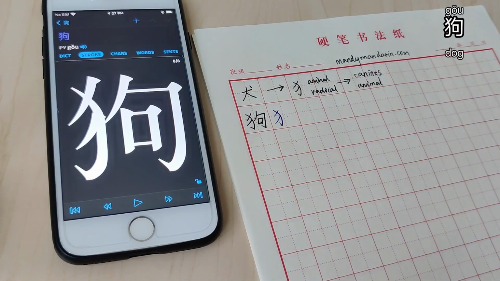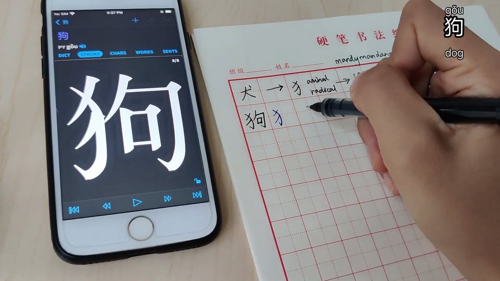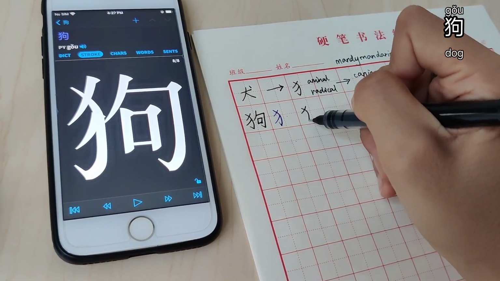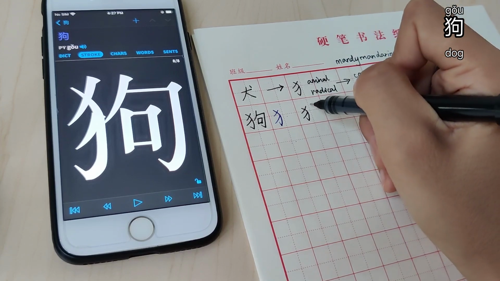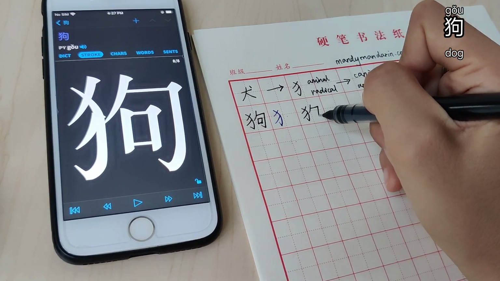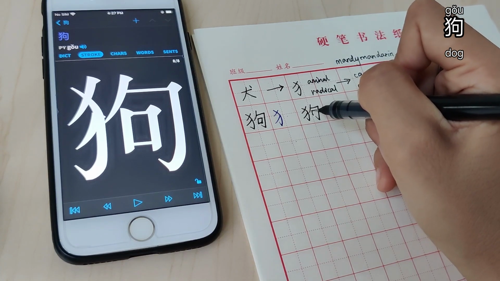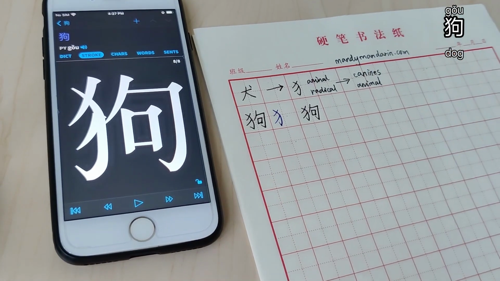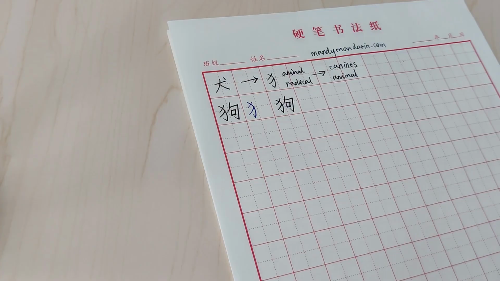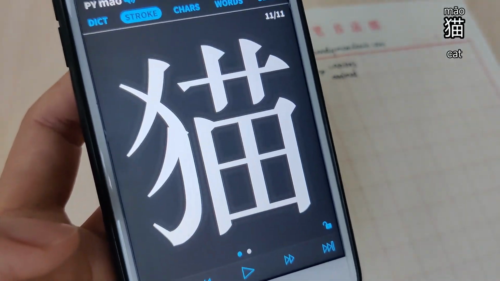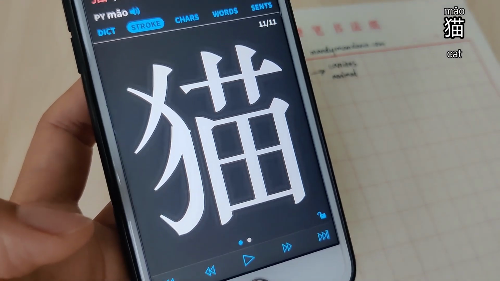Okay, so let's try to write the 狗 one more time. Go 1, 2, 3, 4, 5, 6, 7, 8. Very good. And the next word, 猫, cat.